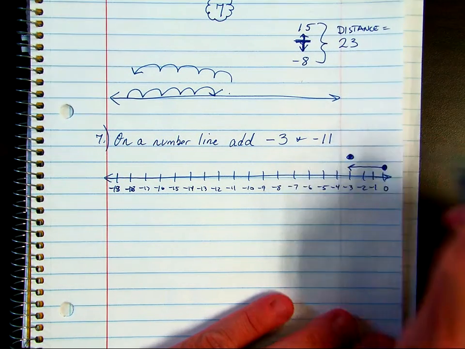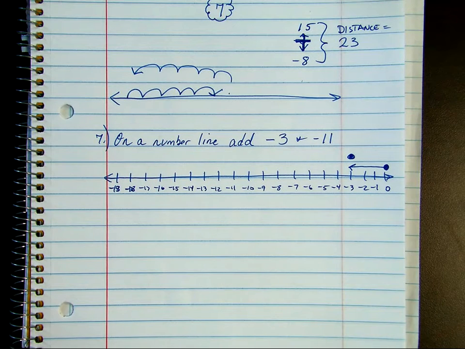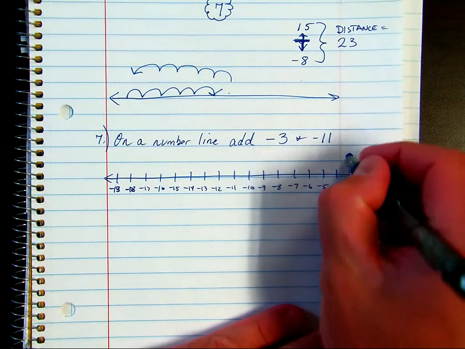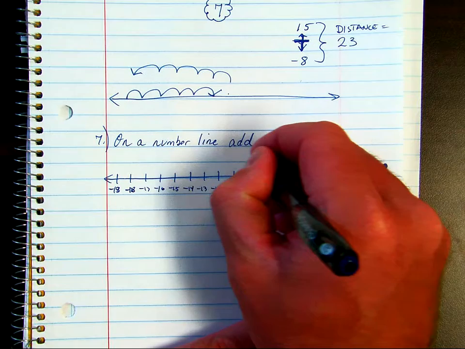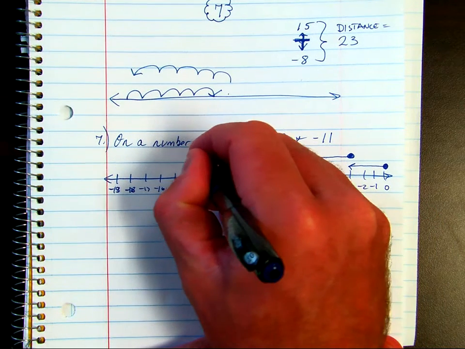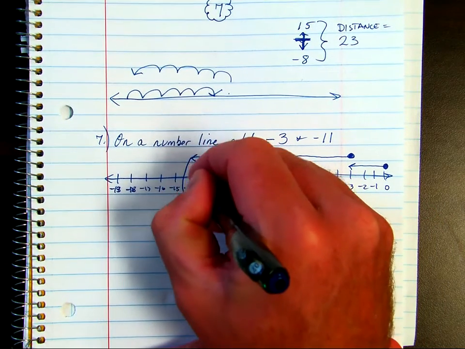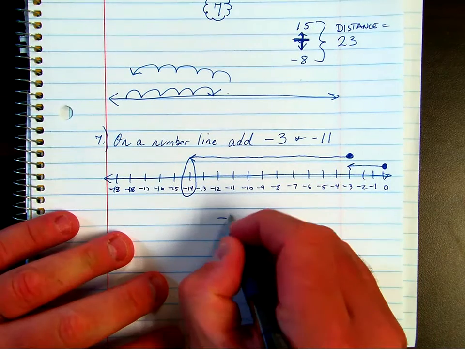The next integer is -11, so we have to go back 11. So our answer is -14.